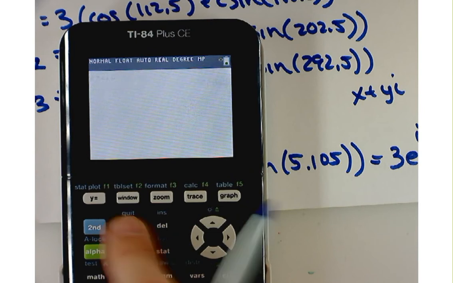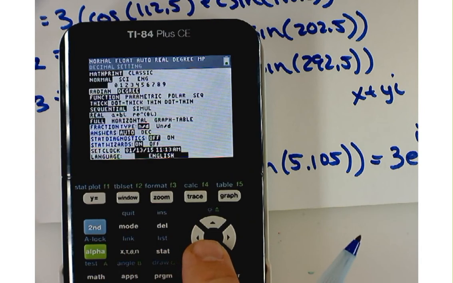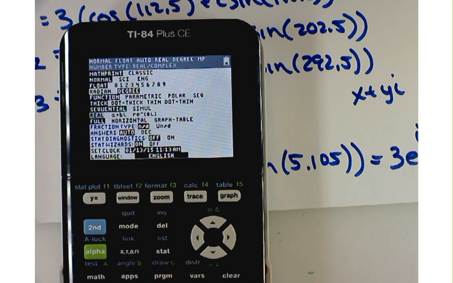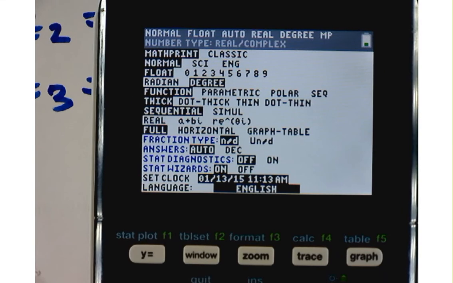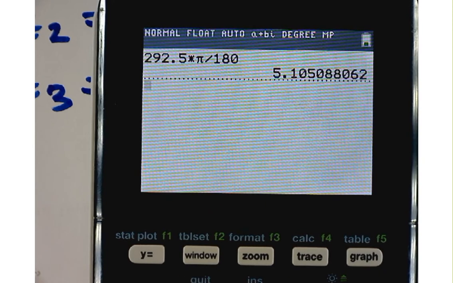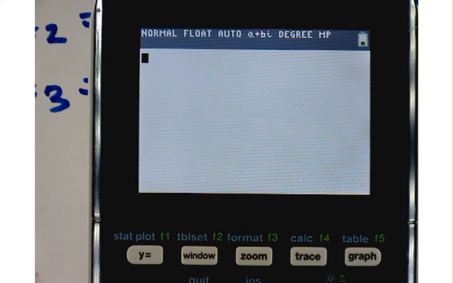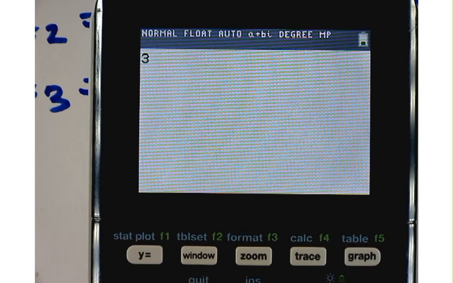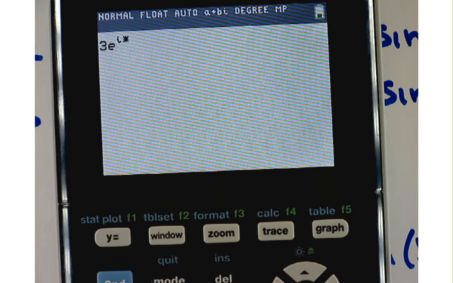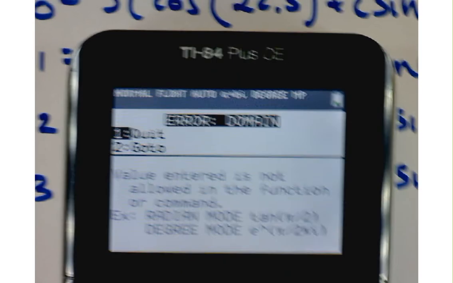Go to your mode key. Go down to this line that says real right here, and let me zoom in a little bit more. Go over to a plus bi. Press enter on that. Then you can exit out of here, second quit. If I now type in 3 and then e to the i, which is down here, second i, times 5.105, then it should give me my a plus bi.